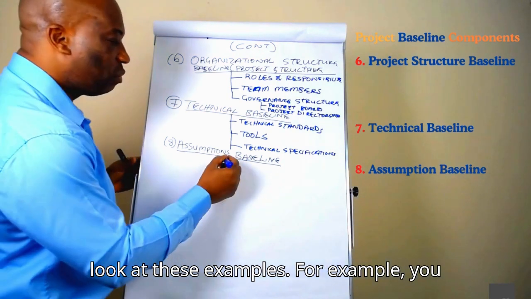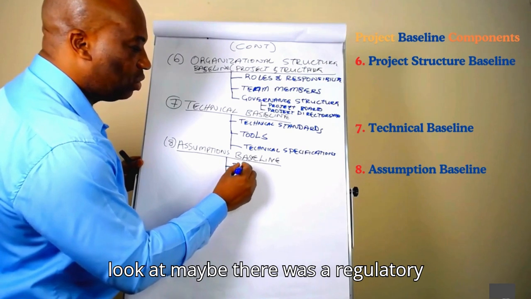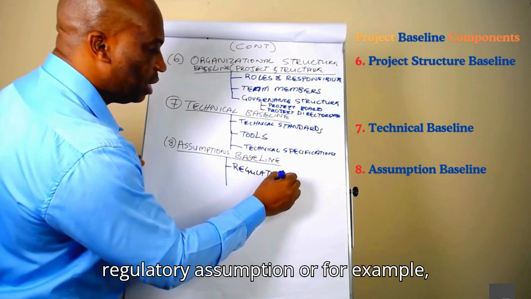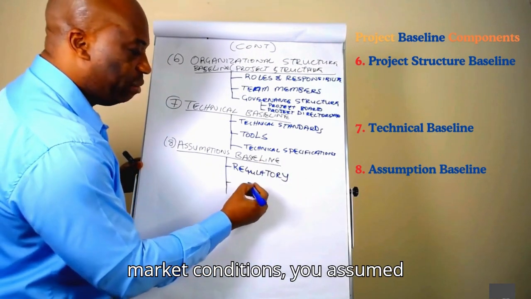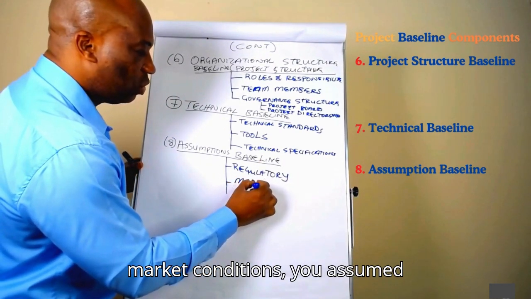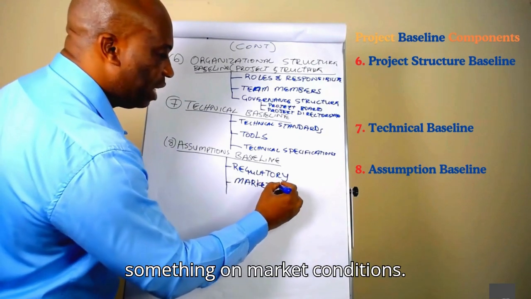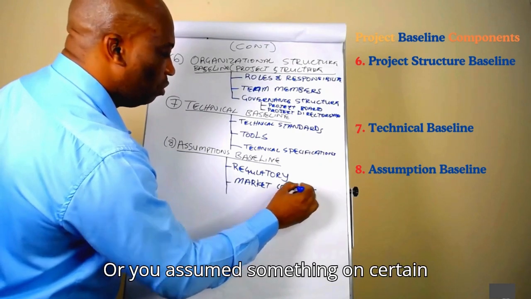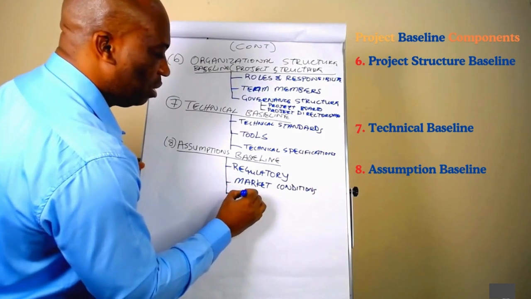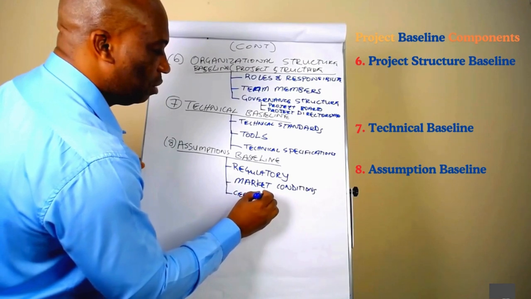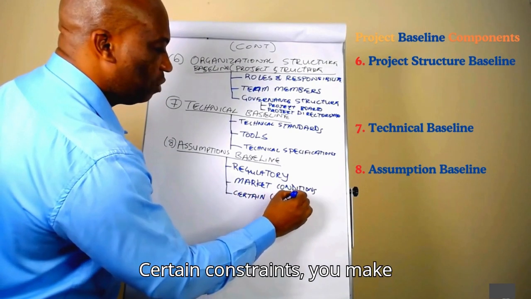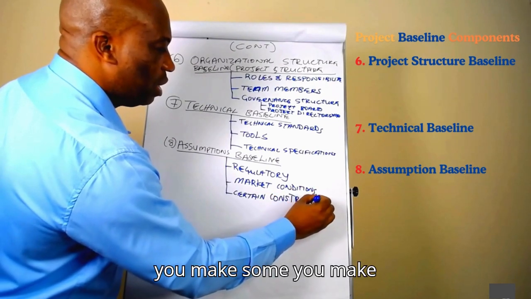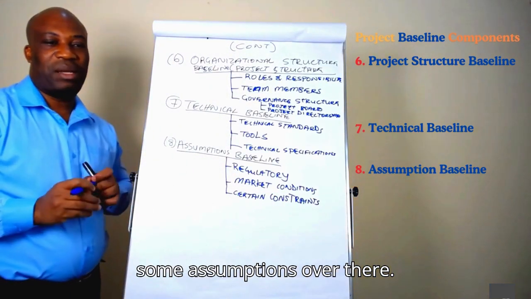For example, maybe there was a regulatory assumption, or for example, market conditions. You assumed something on market conditions, okay? Or you assumed something on certain constraints, okay? Certain constraints, you make some assumptions over there.